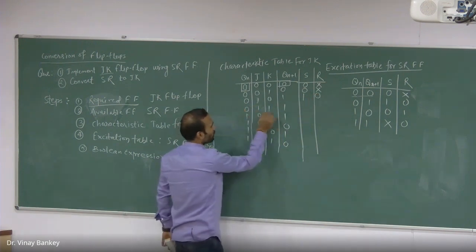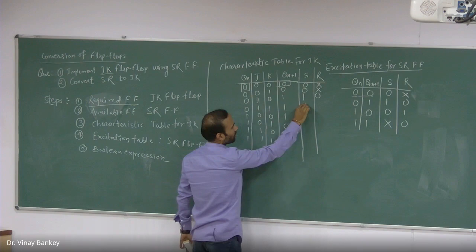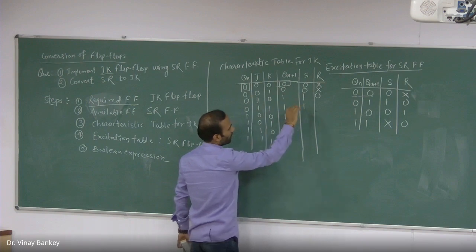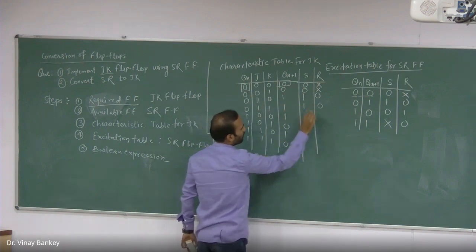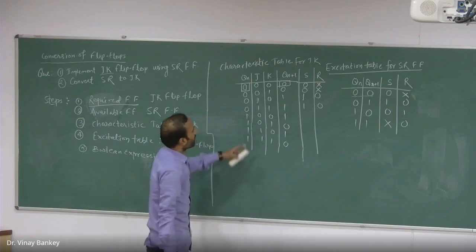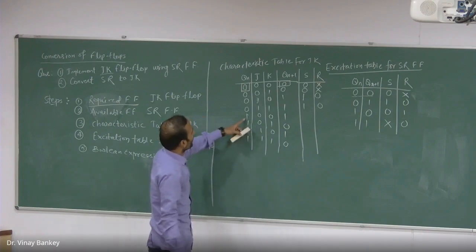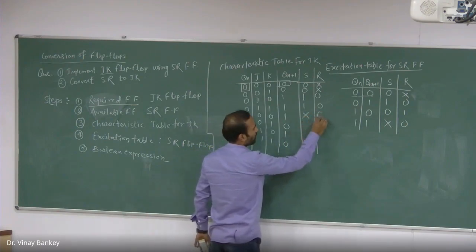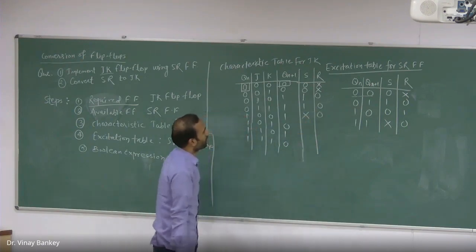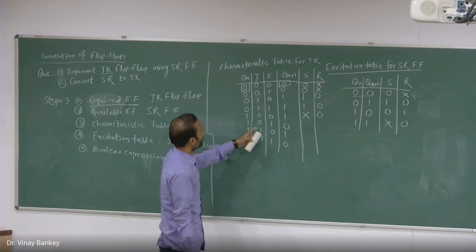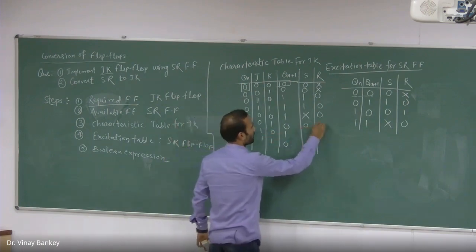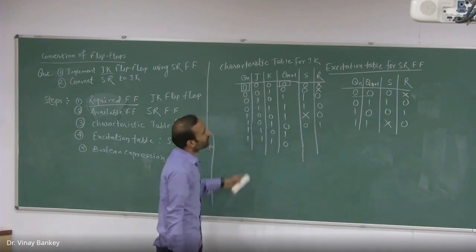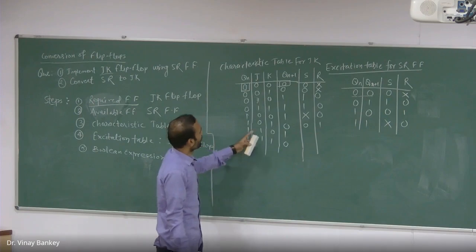Now here for 0, 1 again, 1, 0. Correct. Now for 1, 1, it is don't care, 0. For 1, 0, 0, 1. 1, 1.